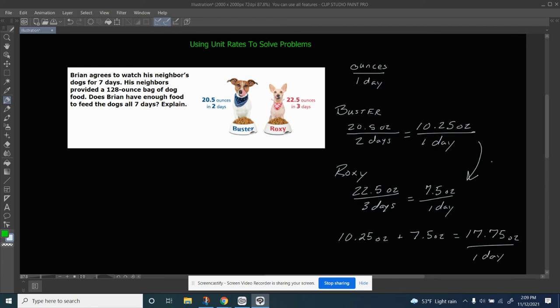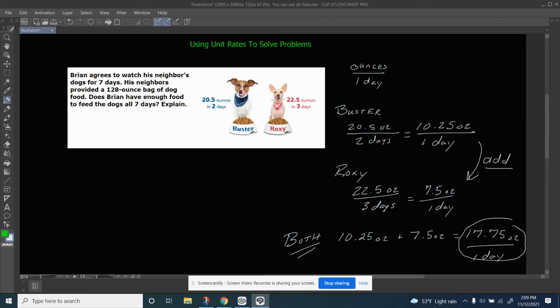And all we did is we just added the two unit rates together. So Buster and Roxy both, we should put this down here, both can eat 17.75.